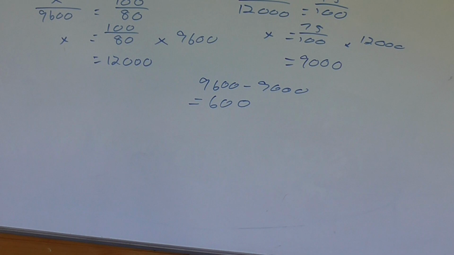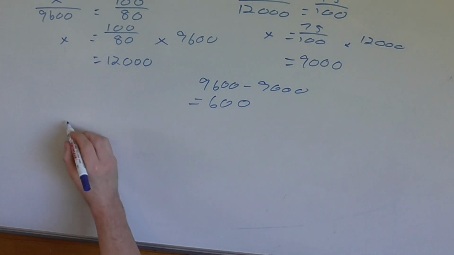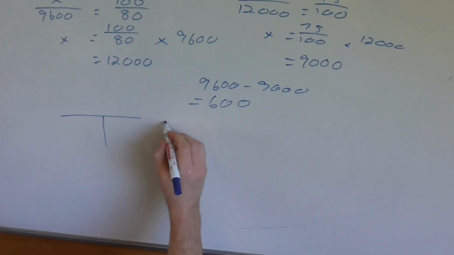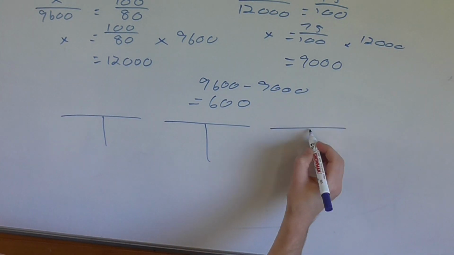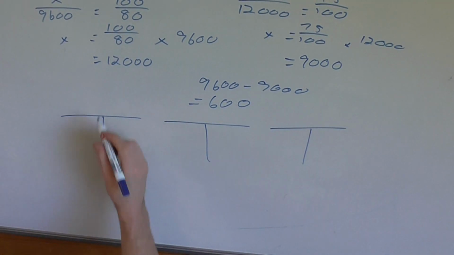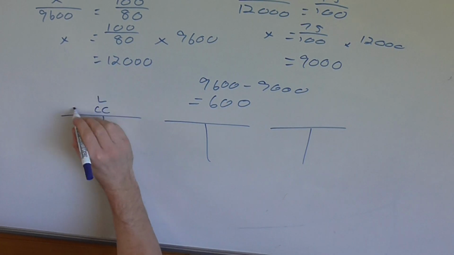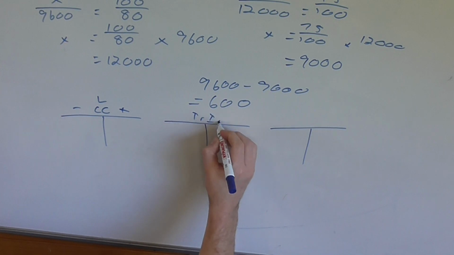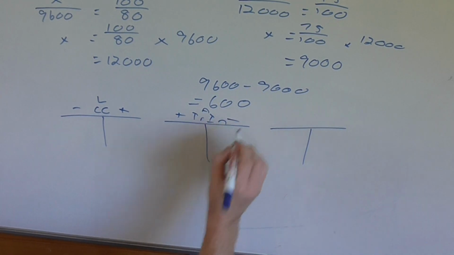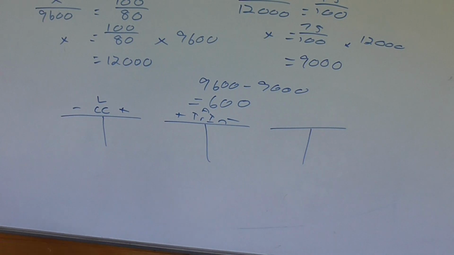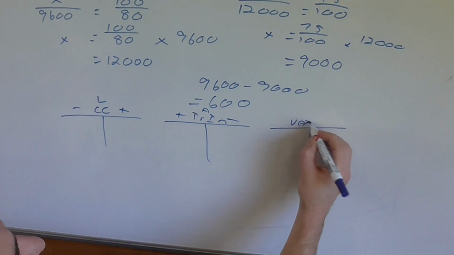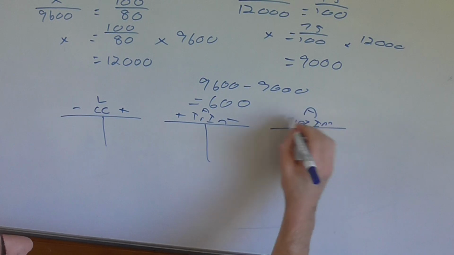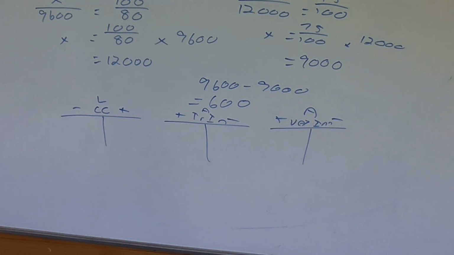So let's first have a look at it. So I'm going to do this. Once again, T accounts. So you've got creditors control, which is a liability. Trading inventory is an asset. And then VAT input is an asset, plus minus. Great. All right, so the difference is 600.